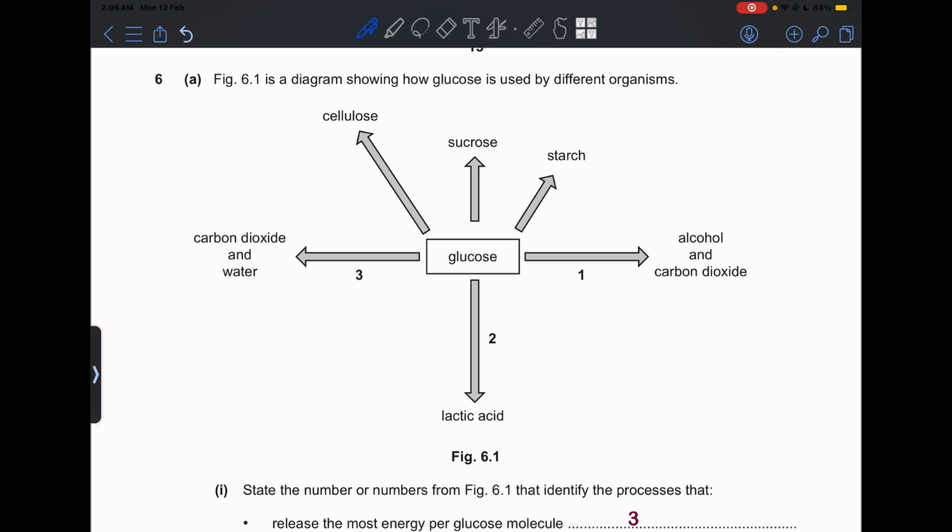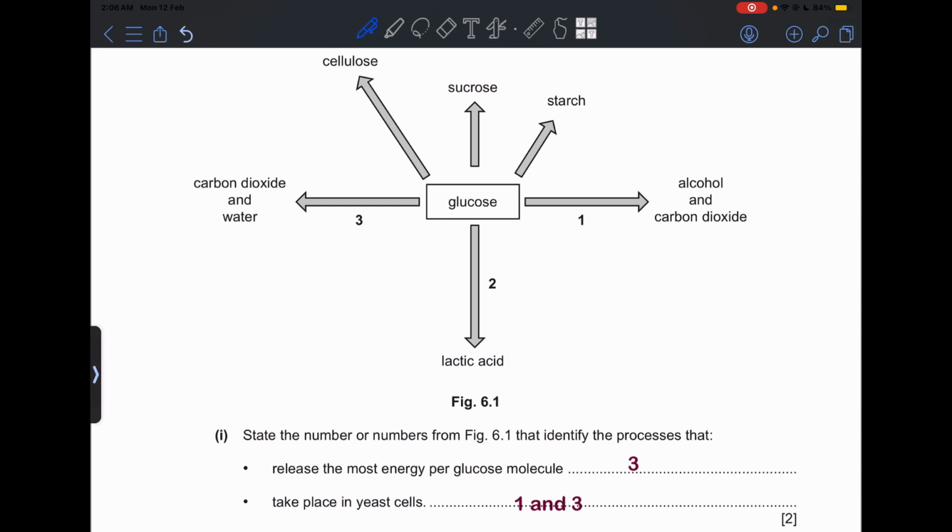6a, figure 6.1 is a diagram showing how glucose is used by different organisms. State the number or numbers from figure 6.1 that identify the processes that release the most energy per glucose molecule. So over here, number 1 is anaerobic respiration, which is used in fermentation, and number 2 is also anaerobic respiration.